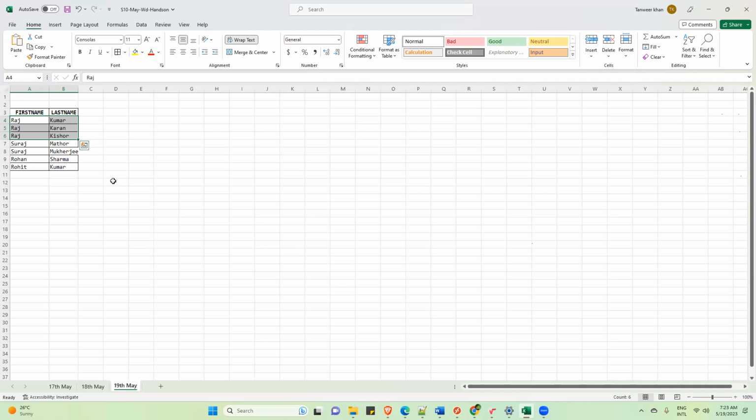So the engine will then go to the last name. But basically, we are not sorting on last name, so it will not check the last name. Okay. Fine.